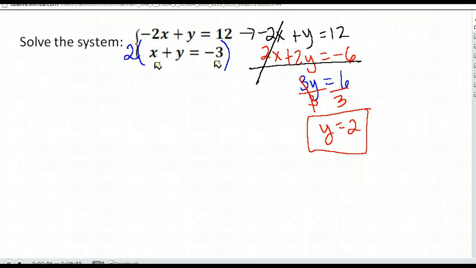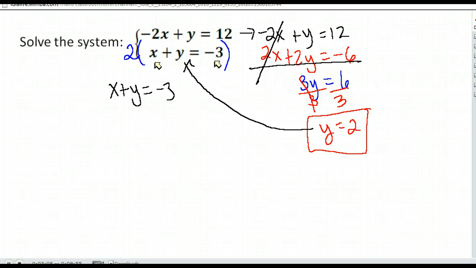Once you've solved for the first variable, you go back to your original equation and take either of the equations that were there, this one for example, x plus y equals negative 3, and you substitute the value you found. Now we found that y was 2, so I'm going to replace the y with a 2, write everything else exactly the same, so I have x plus 2 instead of y equals negative 3.